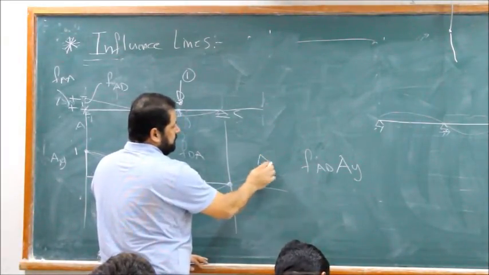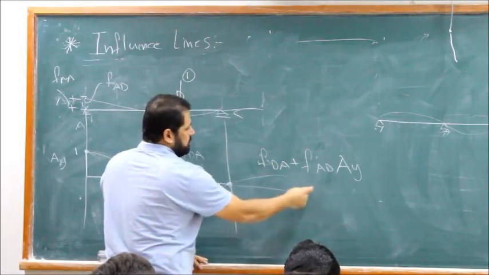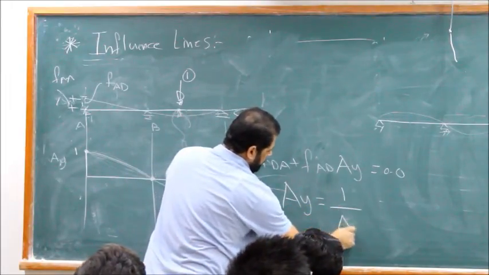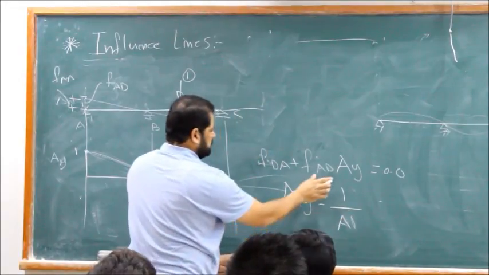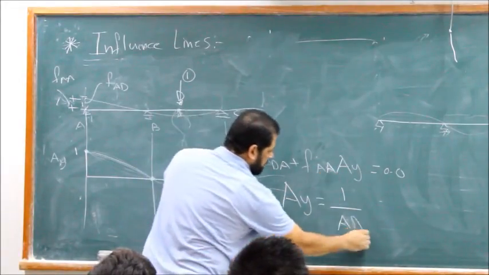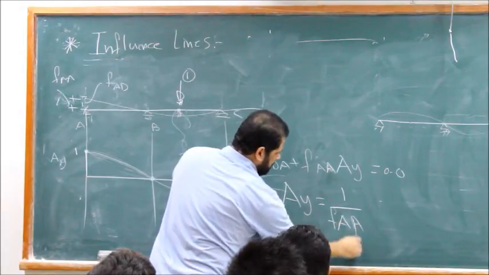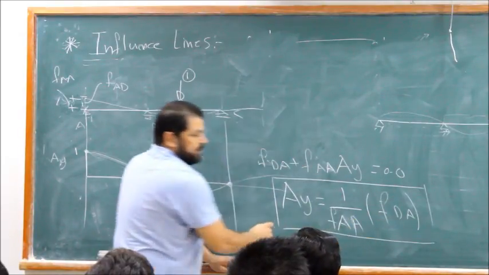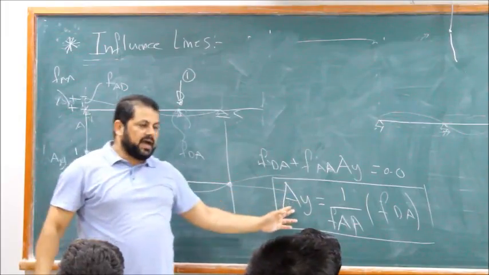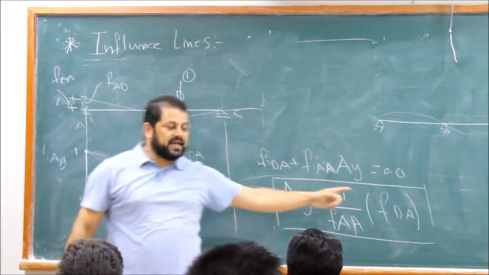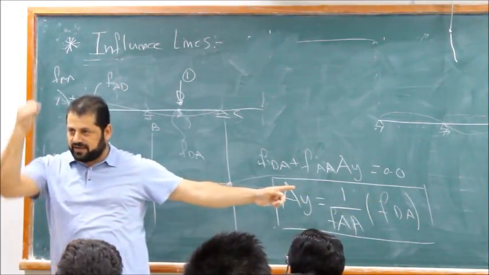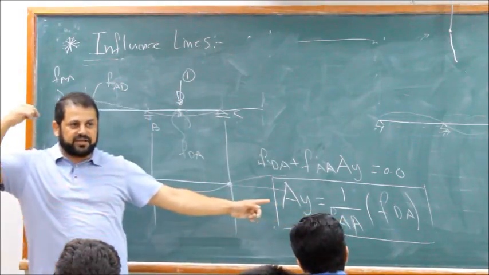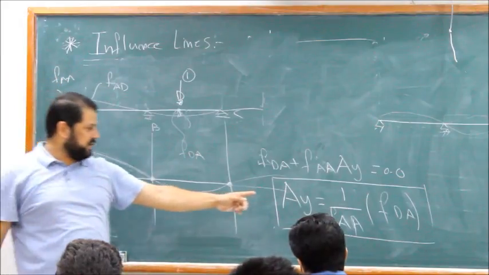By Maxwell's law, the reaction at any point is delta at that point due to a unit load at the location of the reaction, divided by FAA, which is the deflection due to the unit load at the redundant location.